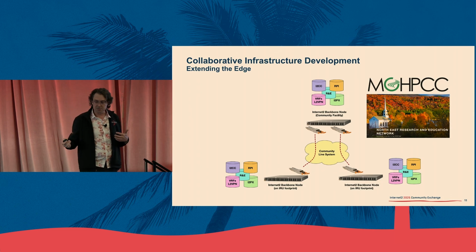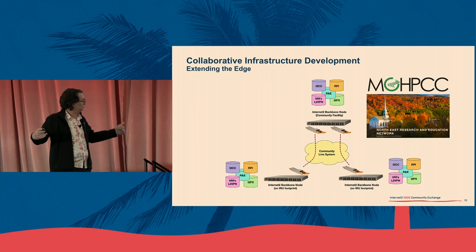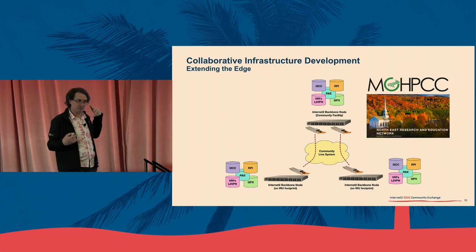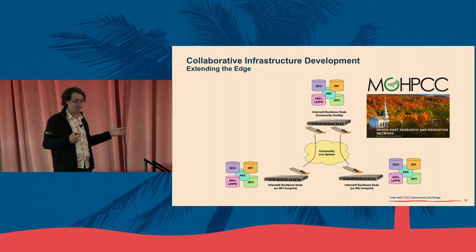In this use case, we have 2 Internet2 backbone nodes in different cities traversing a third-party line system using coherence. And then there's a remote, effectively, and I wouldn't even call it off-net because it's on-net, Internet2 node off-net by the optical side that's at the Green High Performance Computing Center.